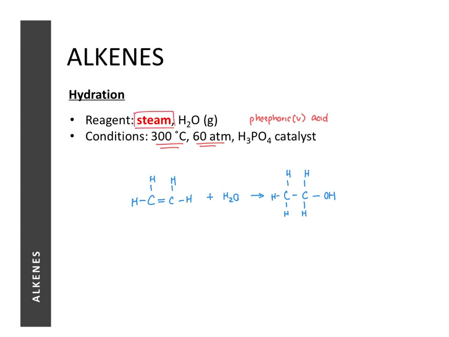So when stating the reagent for hydration, do not put water, but you need to recognize that it is in gaseous form and put down steam or H2O(g). So remember the reagent for hydration is not water but steam, and then the conditions will be 300 degrees Celsius, 60 atm, phosphoric acid as a catalyst.